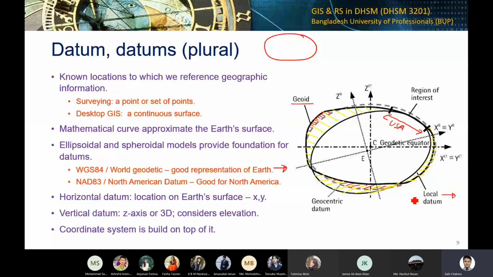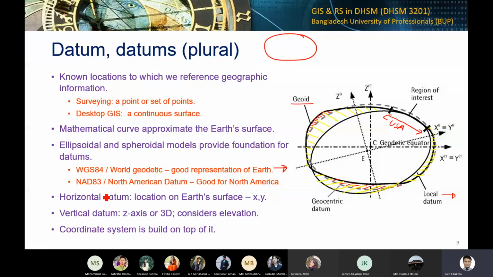So the characteristics of a local datum are that it is not geocentric. That means the center of its ellipsoid is not located at the center of Earth. The surface of the ellipsoid matches the geoid of the region of interest. However, it has significant mismatch at the rest of the world.